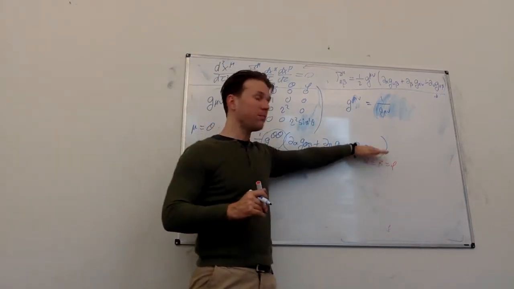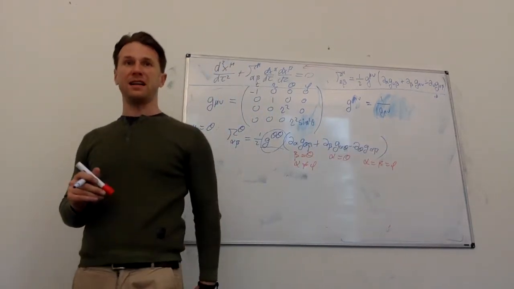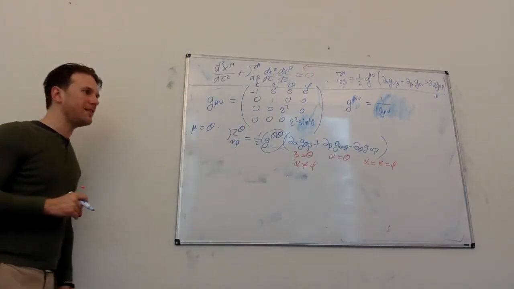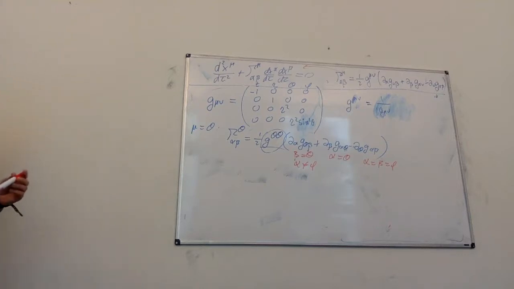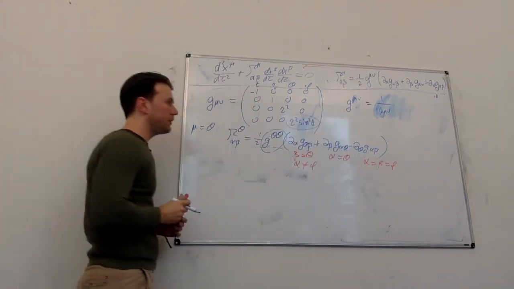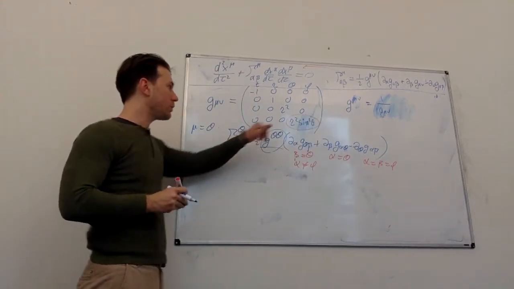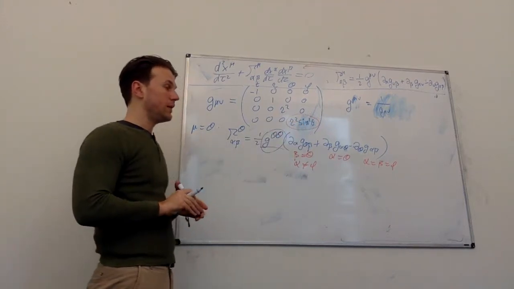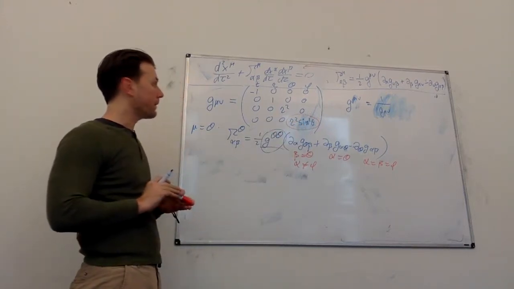So in this term, alpha and beta can only be phi. That's the only non-zero possibility there. So because of the metric tensor itself? Yes, because the metric tensor tells you that only this one is theta dependent. So only this one will have a derivative. Because it has the R squared. Oh wait, no, never mind, I get it. Okay.